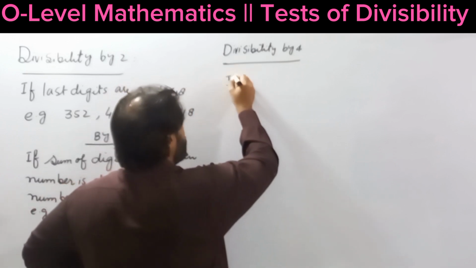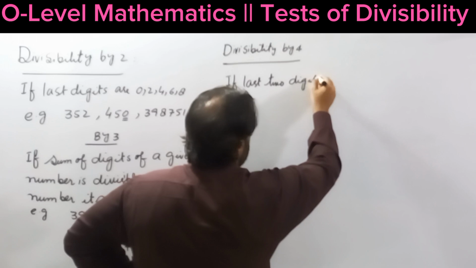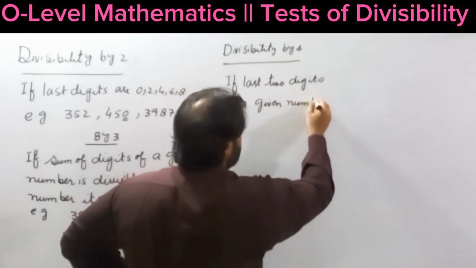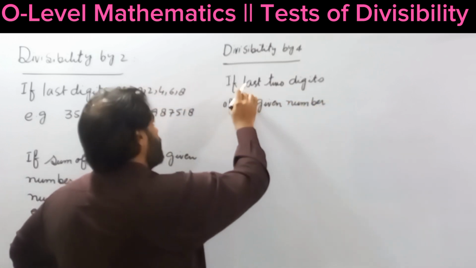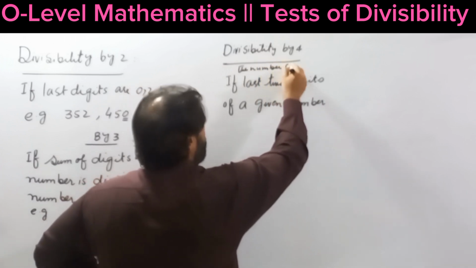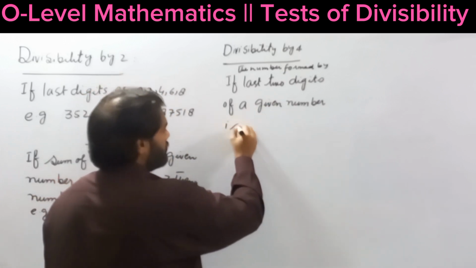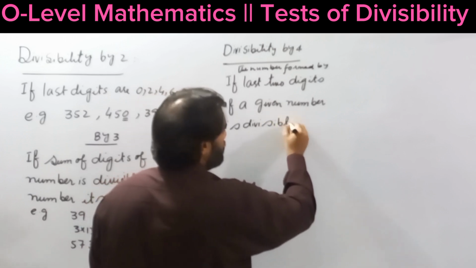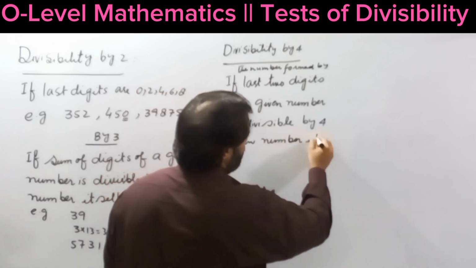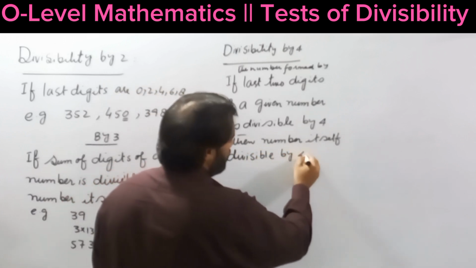If the number formed by the last two digits of a given number is divisible by 4, then the number itself is divisible by 4.